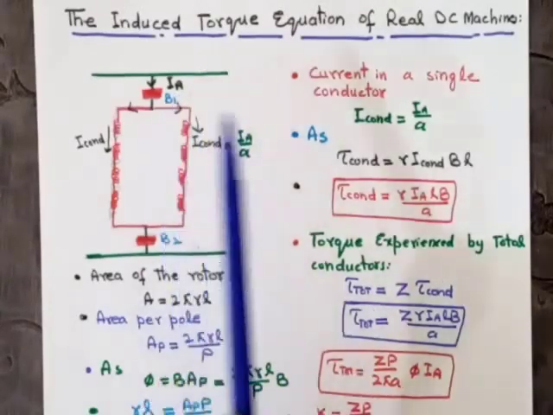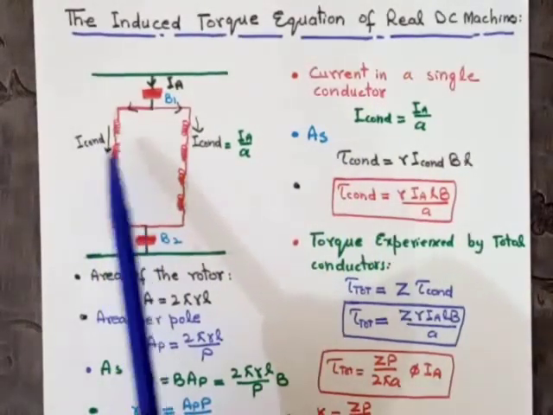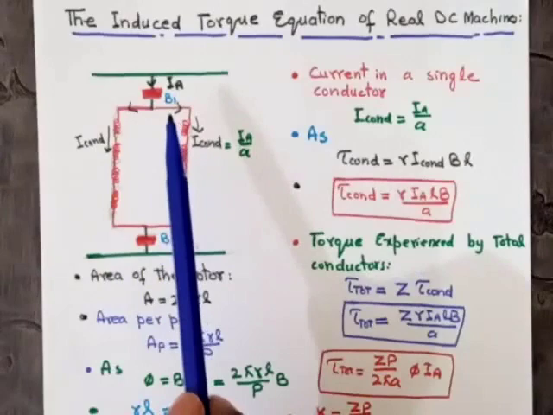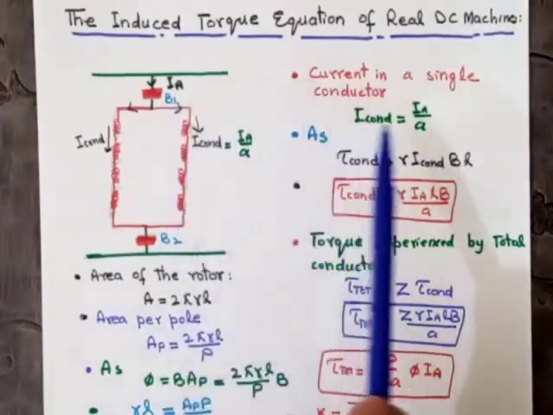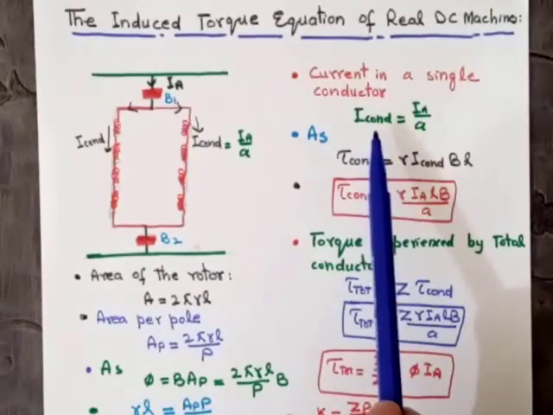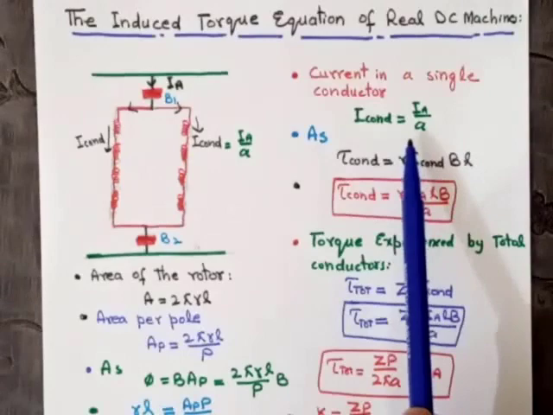But in calculation, we need the current across the single conductor. To find it, we just divide the total current by the total number of parallel paths. As you can see in this equation, I conductor is equal to total current divided by the number of parallel paths.